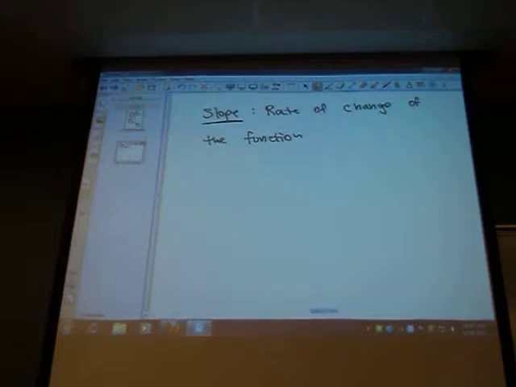You may see some questions where they don't specifically say slope, they just call it the rate of change. They are talking about slope. And slope is equal to the rise of the line over the run of the line.